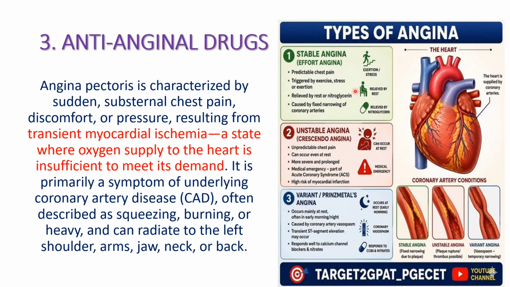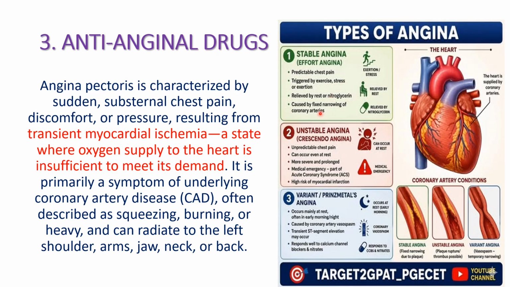When we are talking about stable angina, this is effort angina and it has predictable chest pain. You can predict and understand the cause also, and generally the cause is exercise, stress or exertion, and this can be relieved by rest sometimes or by taking nitroglycerin.